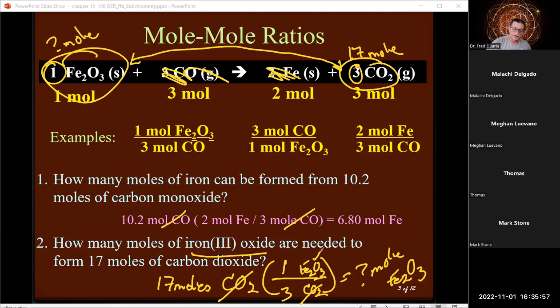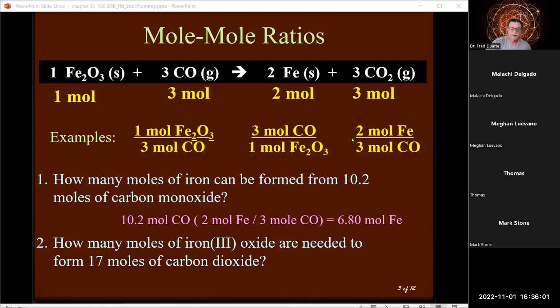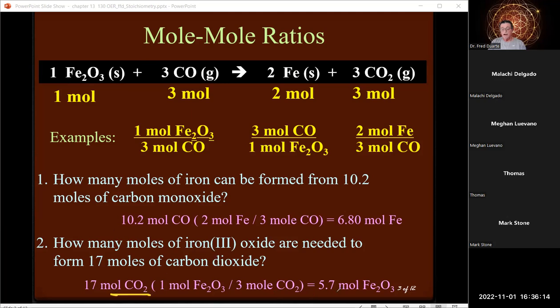So 17 divided by 3 would be the answer. And that is 5.7 moles of iron 3 oxide are needed. So what this is telling you is, if I want to make 17 moles of carbon dioxide, I need to start with a minimum of 5.7 moles of iron 3 oxide.